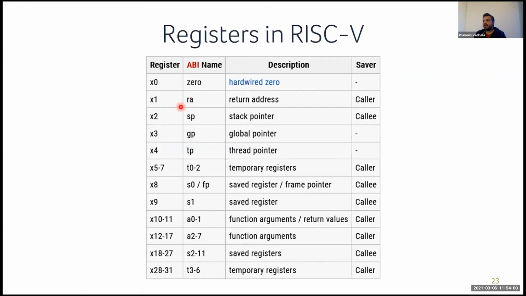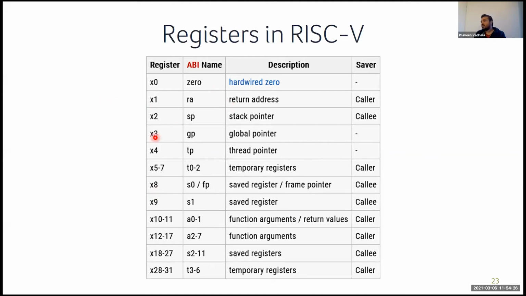So let's see a bit more into the details of the RISC-V. If you look at the registers available, there are 32 registers. If you looked at any of the ISAs, you know there are a bunch of registers. Some of them you could already see.